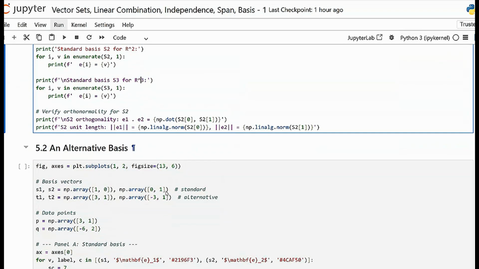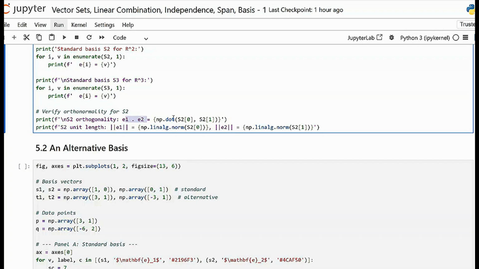And one important thing, we are going to introduce a verification of a key property, orthonormality. Let me compute the dot product. To verify orthonormality, we use the dot product E1 dot E2.